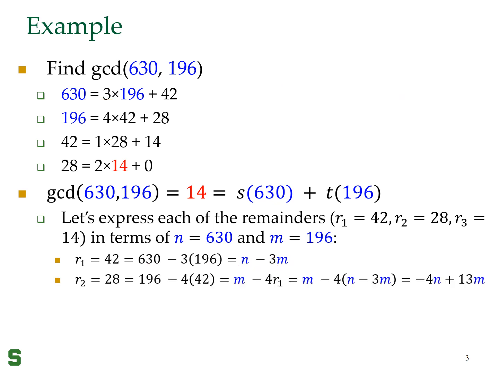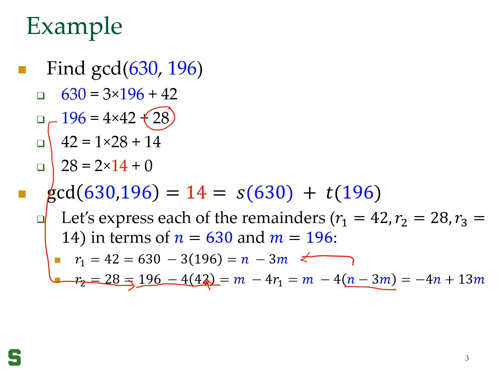We write R2, in this case it is 28. I'm going to write it as 196 minus 4 times 42, and I got that directly out of this expression. Now 42 is not one of my original numbers, so I'm going to replace it by n minus 3m.